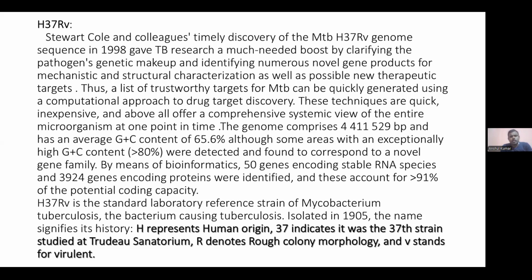It was first discovered by Stewart Cole and his colleagues in the year 1988, and it gave TB research a much needed boost by clarifying the pathogenic genetic makeup and identifying numerous novel gene products for mechanistic and structural characterization, as well as possible new therapeutic targets.